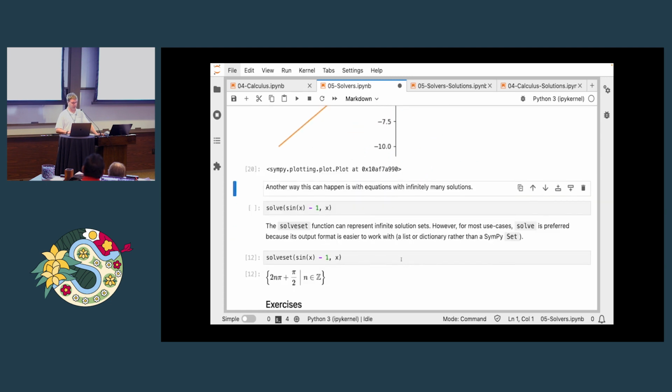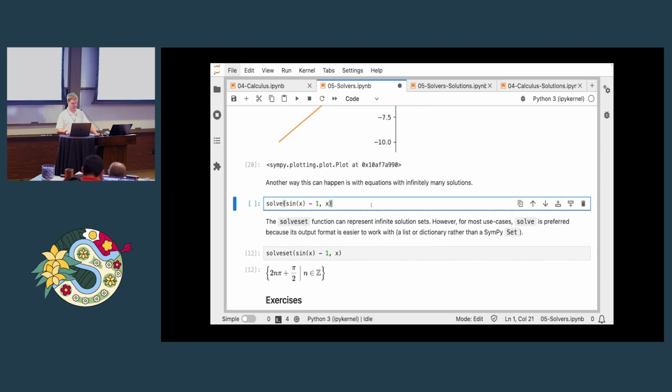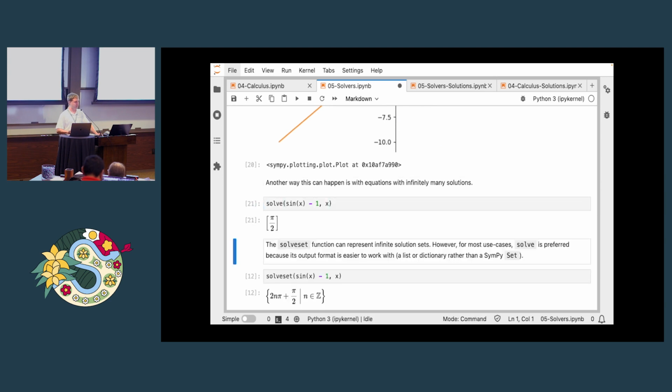So another issue with solve is that solve might not return every possible solution. So for example, sine of x equals 1, which is here sine x minus 1, has infinitely many solutions, but solve is only going to return one of these.